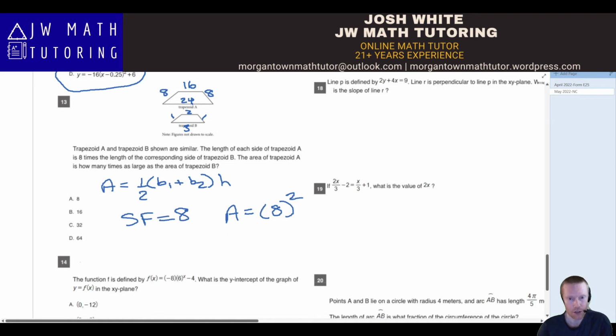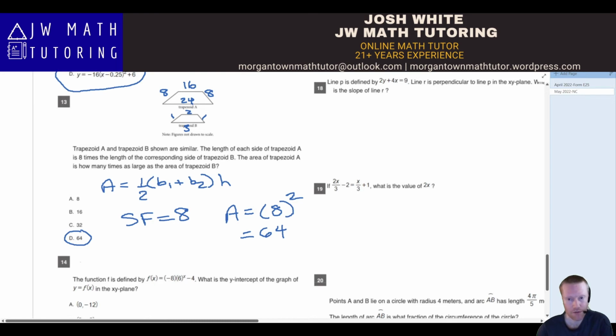Because you have one thing being 8 times as large, but area is two-dimensional. So that's why you have to take the 8 and multiply it by itself, i.e. square it, in order to figure out how many times as large it's going to be. So the answer to this is going to be 64.